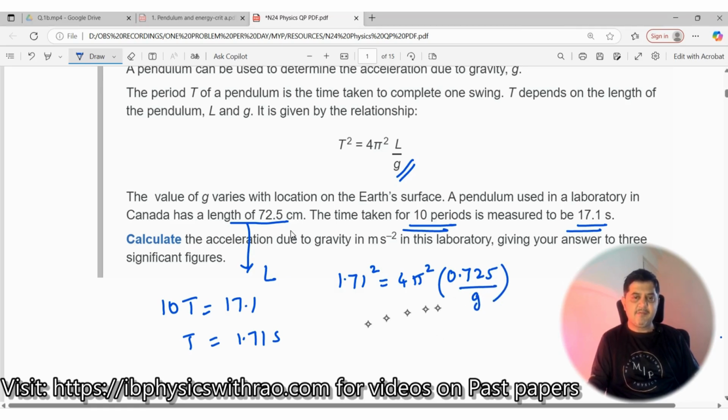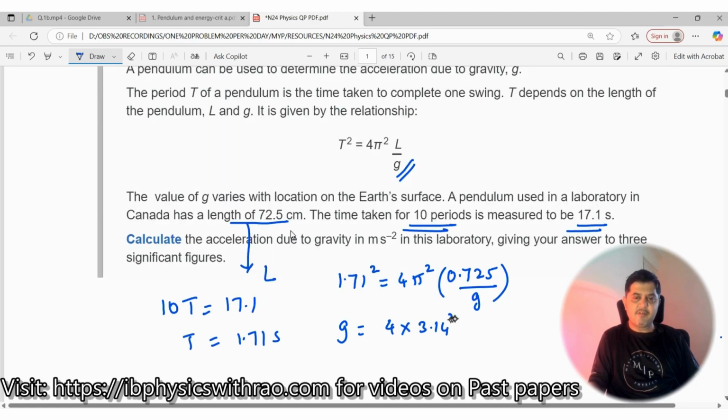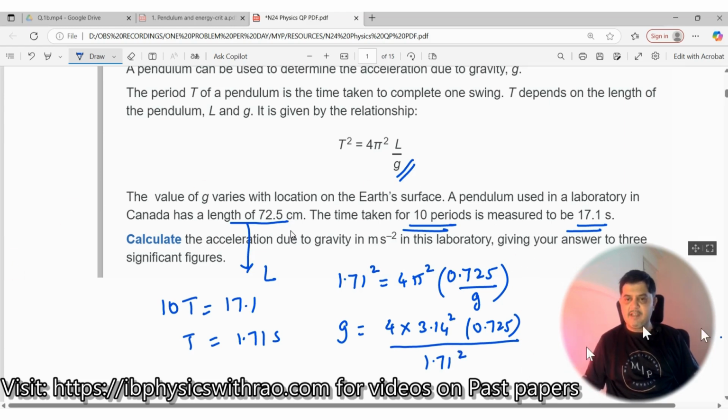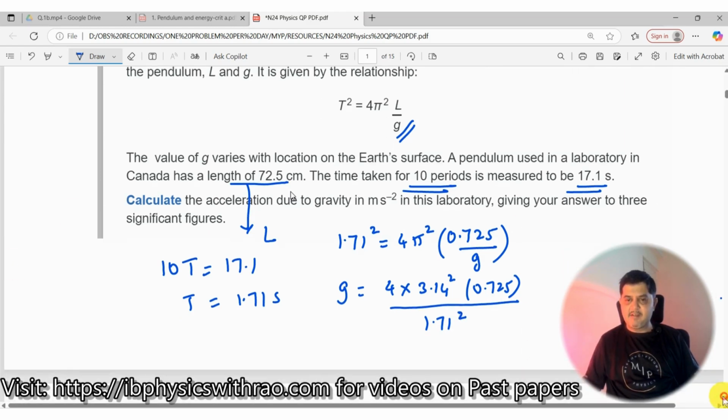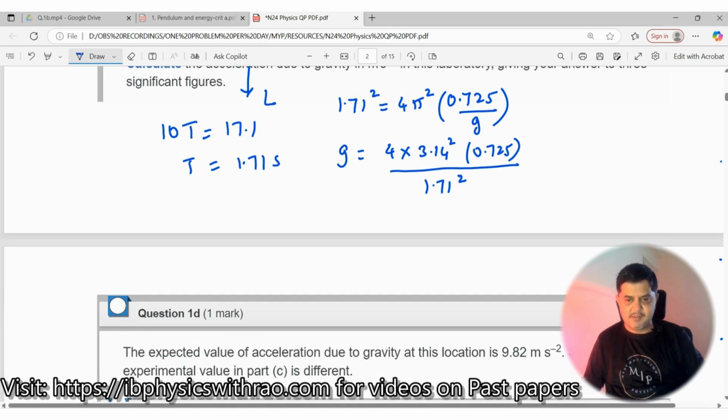So therefore, I'll get the value of g is equal to 4 into 3.14 square into 0.725 divided by 1.71 square. When I do this, how do I calculate it? I'll use my calculator. You can also use your GDC or Desmos to do this.